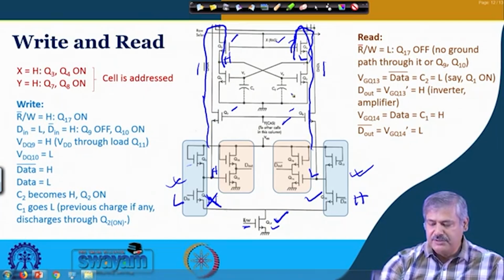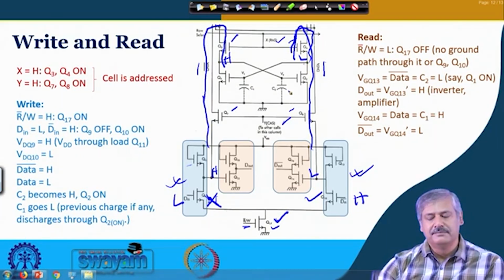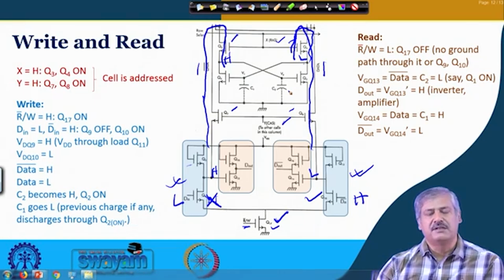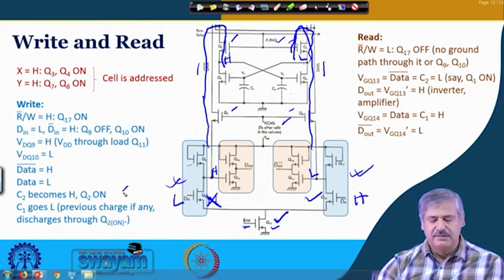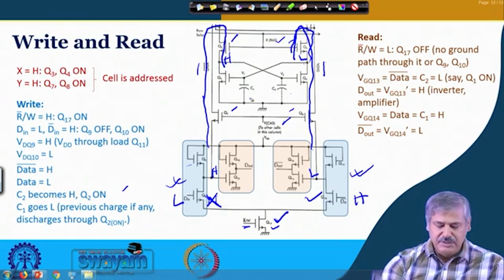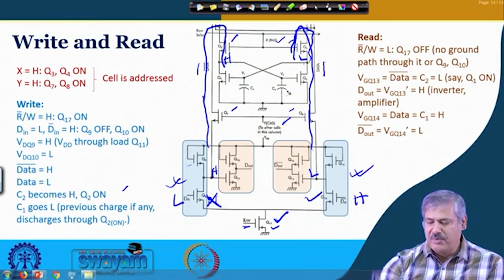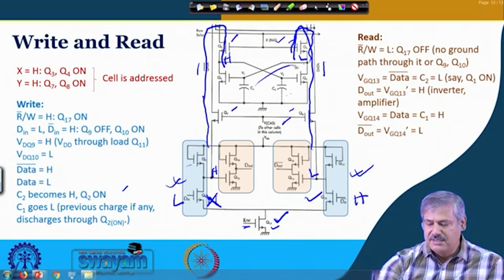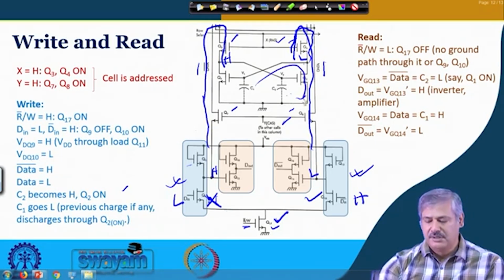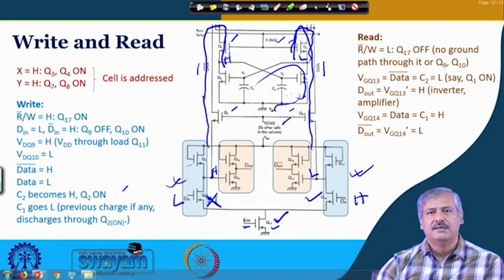So, that will charge C2 to high. Is it clear? It is being forced externally through the data lines. And whatever charge C1 has, now C2 has become high. So, Q2 is now becoming on, right? So, it will get discharged through this. Is it clear?